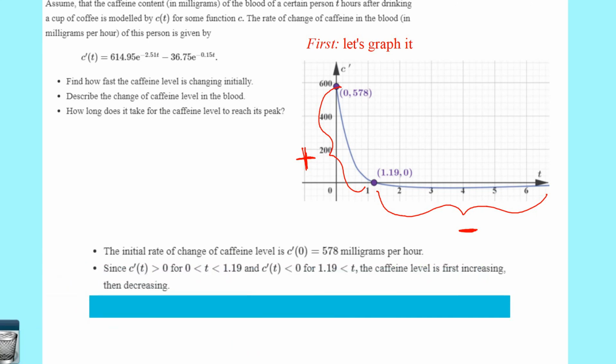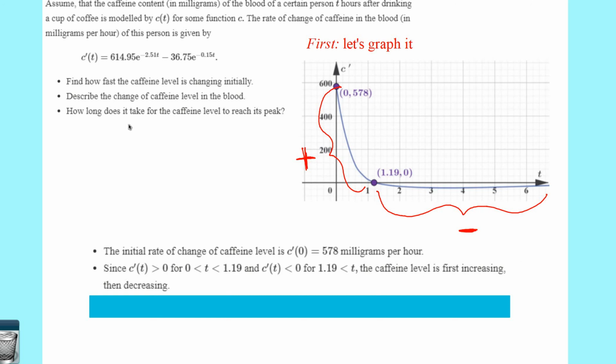So you can put it just like this. Since c prime is greater than 0 in that interval, and it's less than 0 in this interval, the caffeine level is first increasing, then decreasing. Okay? Again, hopefully we're following the words there.